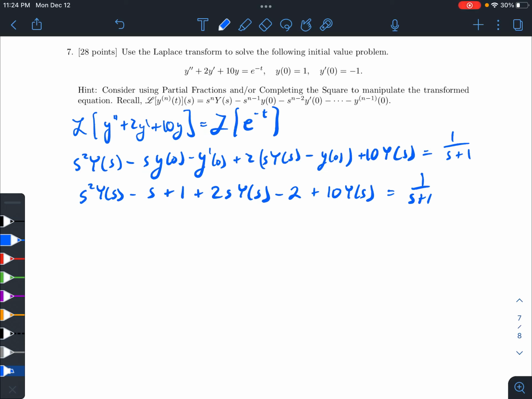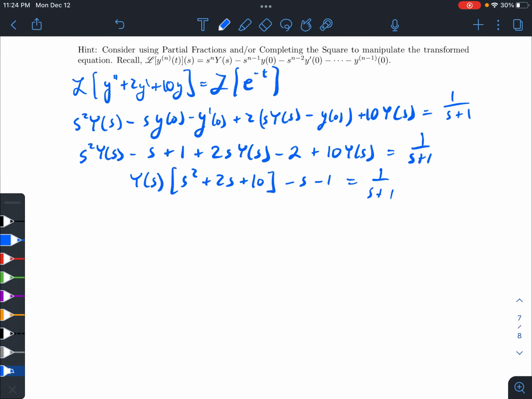Okay, let's pull out all the y of s terms. We get s squared plus 2s plus 10, and that's minus s minus 1, combining this and this.